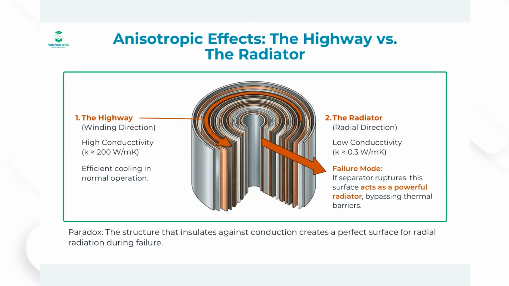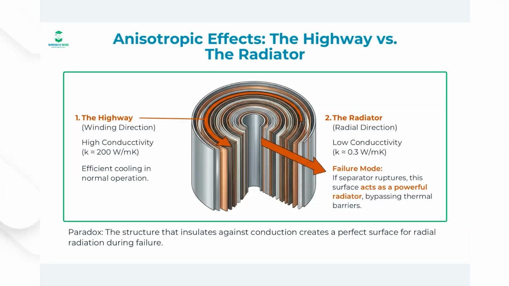Now, here is where the physics flips, because while those layers block conduction, they act very differently during a thermal runaway event. If the internal separator ruptures and temperatures spike, we stop relying on conduction. Those concentric layers turn into a massive surface area for emitting energy. That is precisely why we identify this as the radiator.